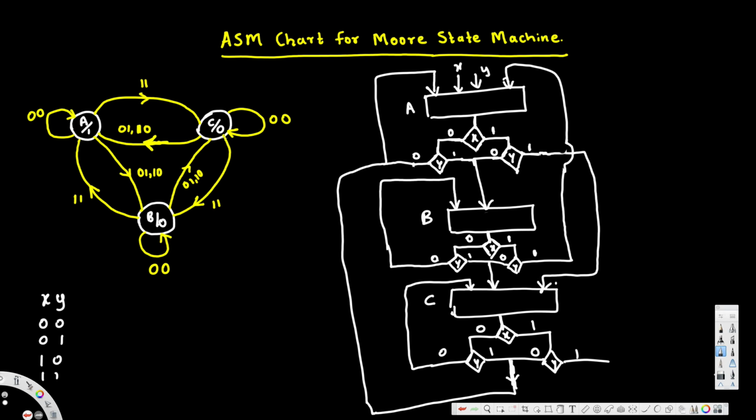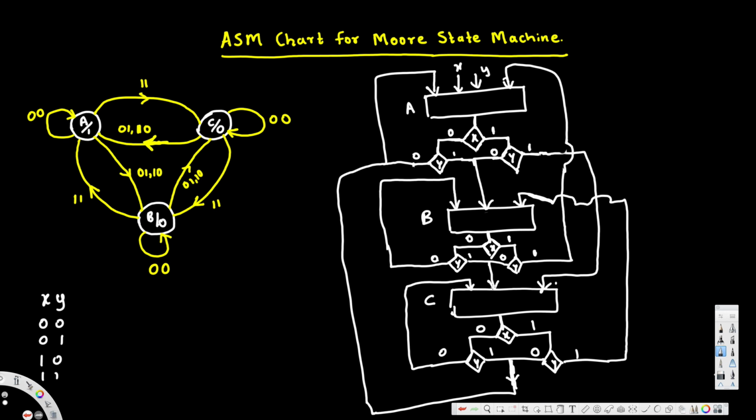When C is 1 1, it goes to B. And then we have this one, 0 1 1 0, B goes to C.